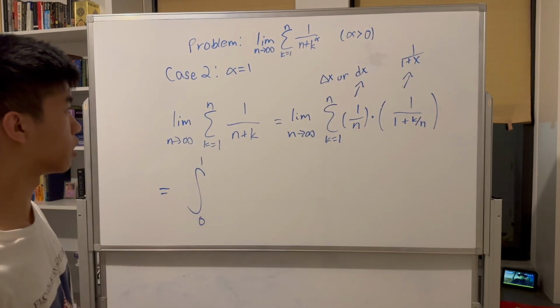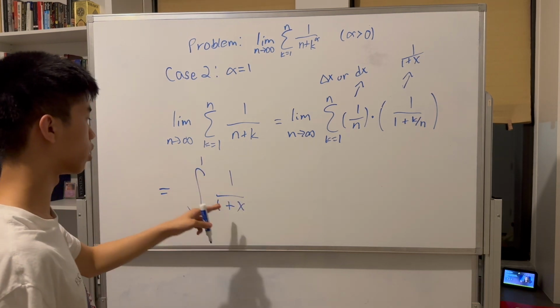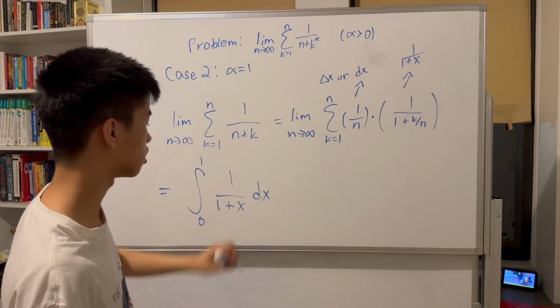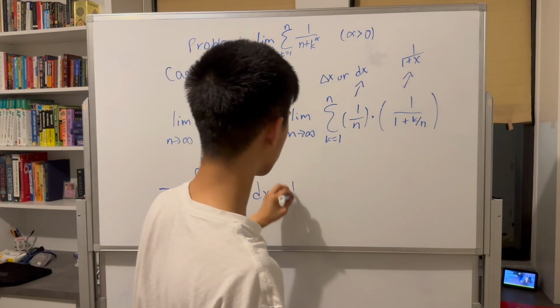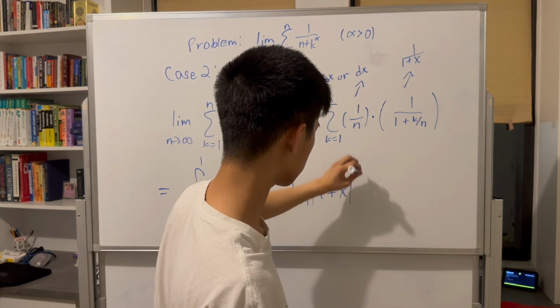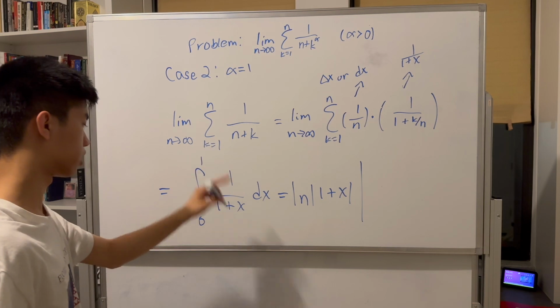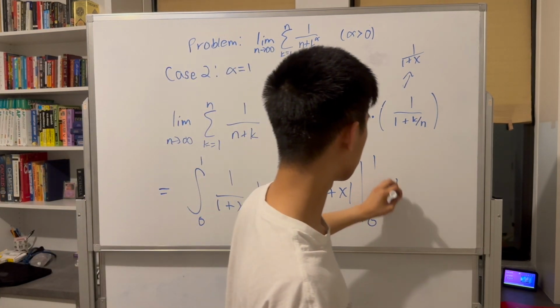So this would be the Riemann integral from 0 to 1 of 1 over 1 plus x dx. And this is pretty solvable, because if you just do that, you'll get ln of 1 plus x, lower bound 0, upper bound 1. And this is just equal to ln of 2.